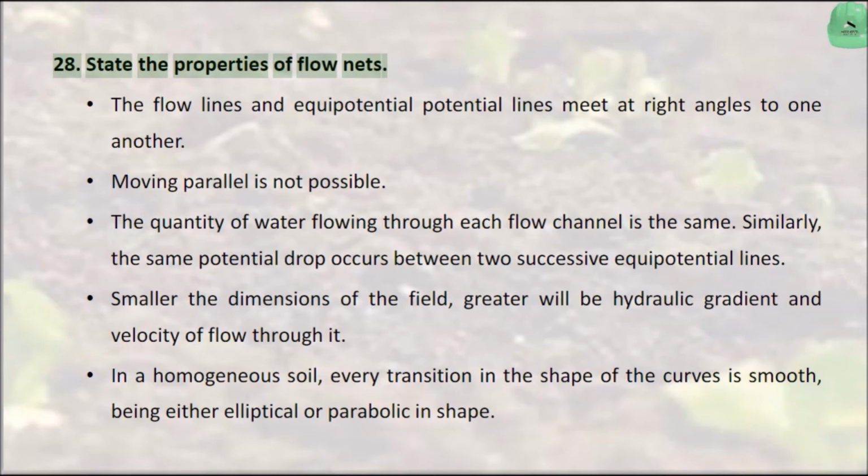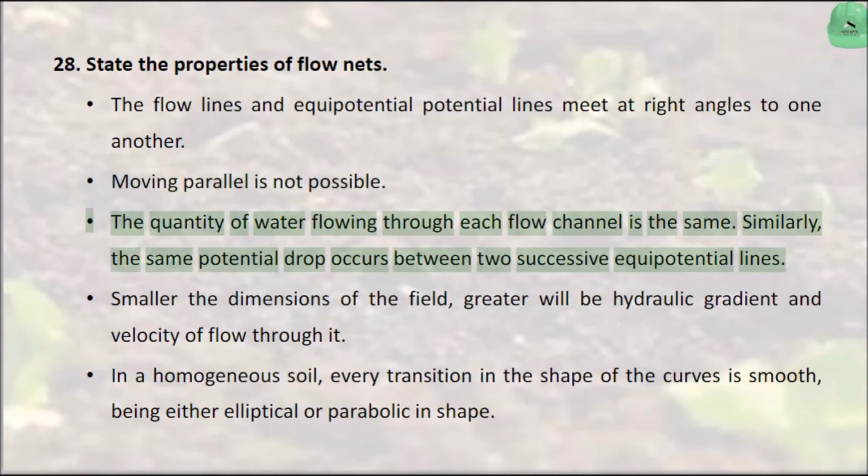State the properties of flow nets. The flow lines and equipotential lines meet at right angles to one another. Moving parallel is not possible. The quantity of water flowing through each flow channel is the same.